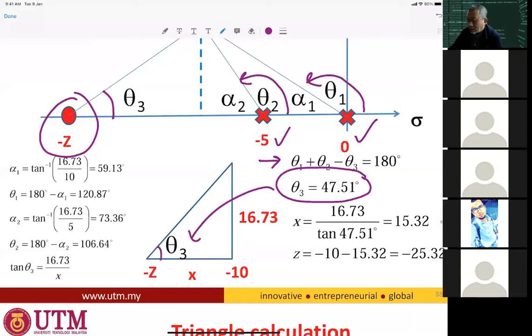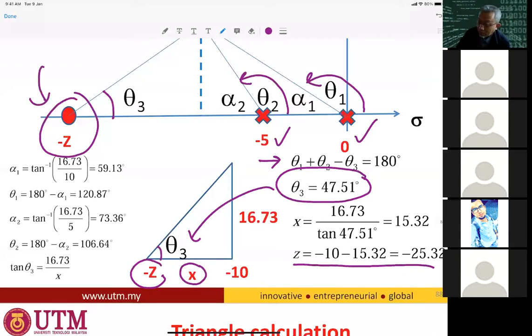We are concerned with this x and this z. So x is 15.32, therefore z will be minus 10 minus 15.32. So the location here is minus 25.32.